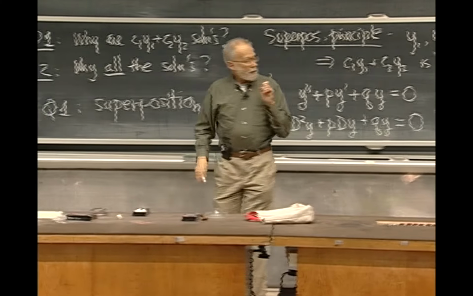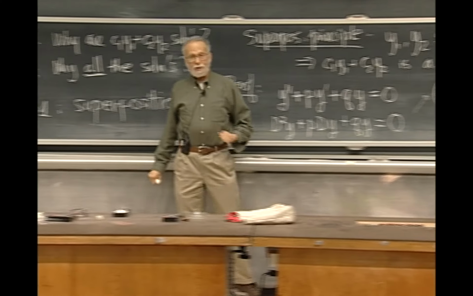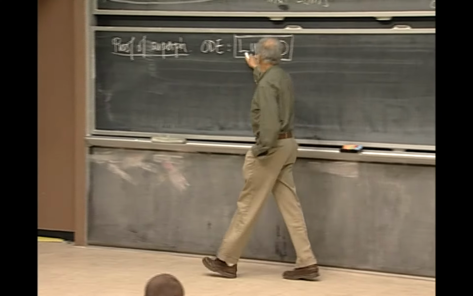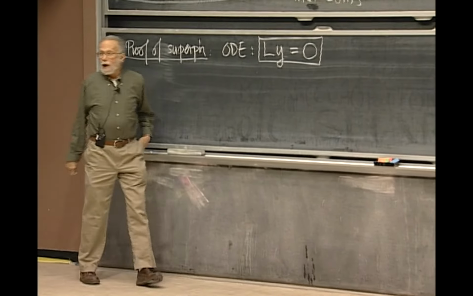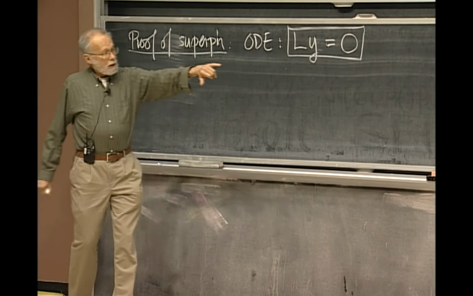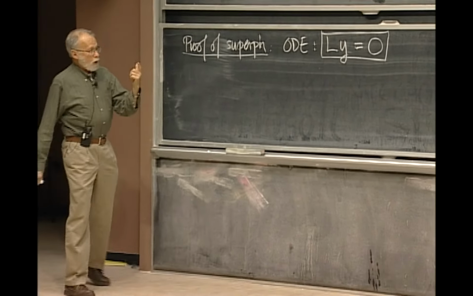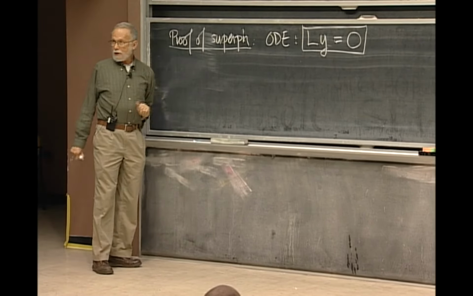It means that particular sum with constant coefficients. Okay, so the ODE is Ly equals 0, and I'm trying to prove that if Y1 and Y2 are solutions, so is a linear combination of them.